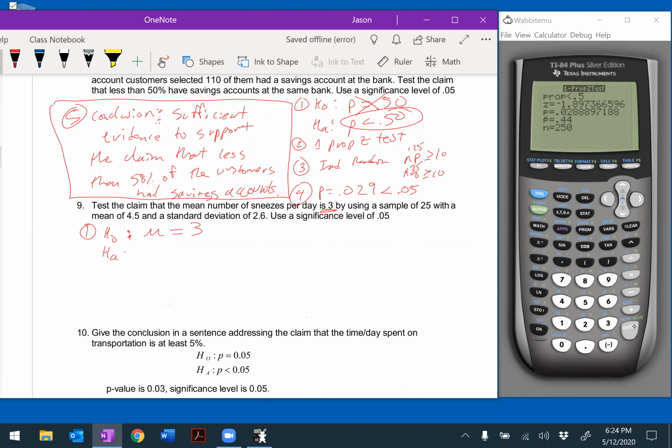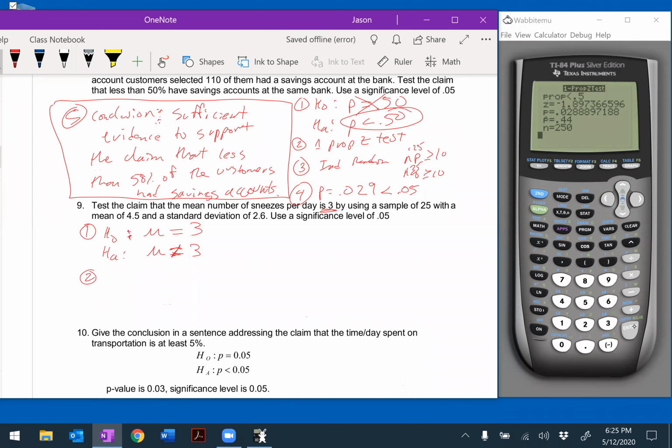What is HA? What do we want to test here? Not equal to, maybe? The claim doesn't tell us, so we're just going to go with not equals, since we don't know if they're looking for bigger or smaller than 3. I'm going to default to not equals to be on the safe side.